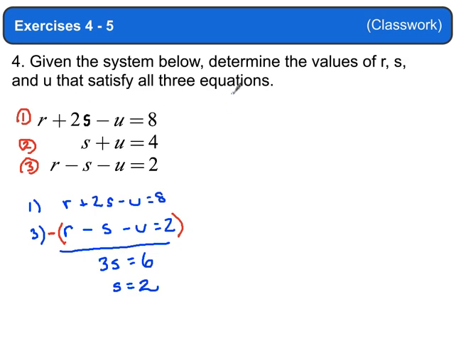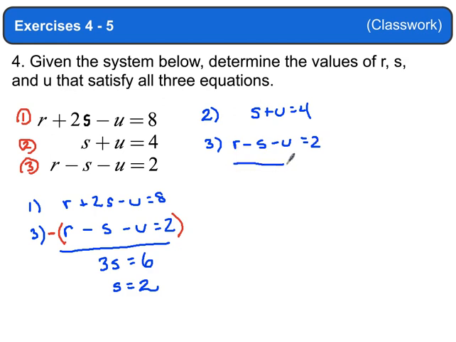Now, if I go in, I look at these things again, I'm going to choose to combine this time equations 2 and 3. And so 2 is going to say s plus u equals 4, and then the other one's going to say r minus s minus u equals 2.